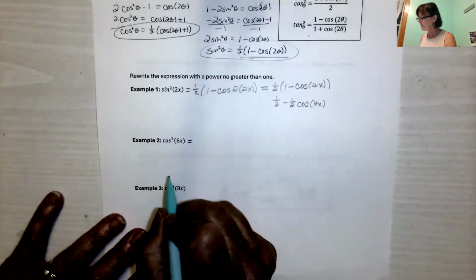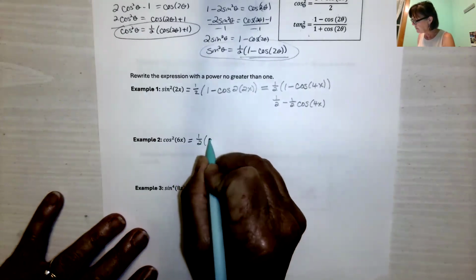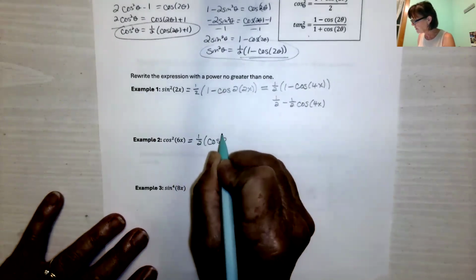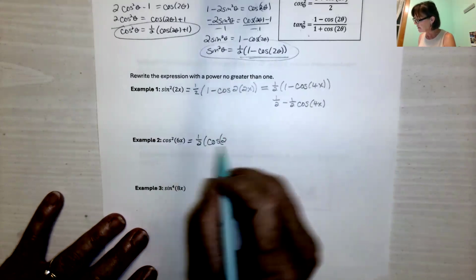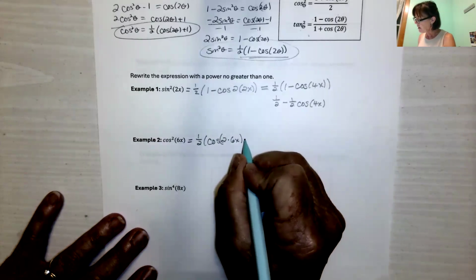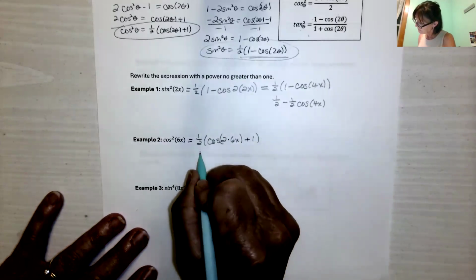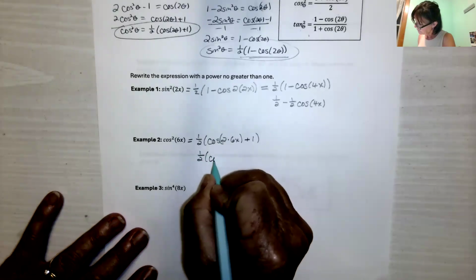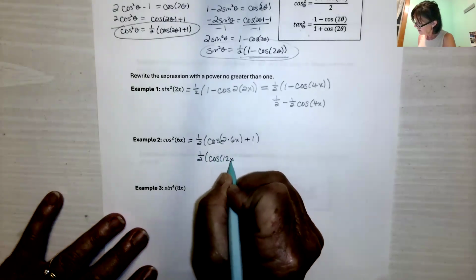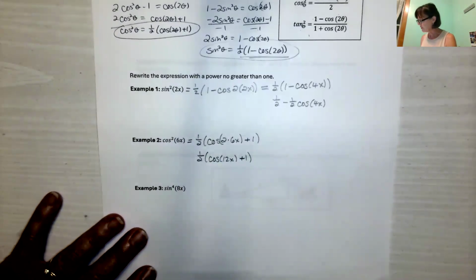So cosine squared of 6x is going to be 1/2 times the cosine of 2 times theta plus 1. But theta in this case is 6x, so 2 times 6x. So this becomes 1/2 the cosine of 12x plus 1. Again, you could distribute the 1/2 if you wanted to.